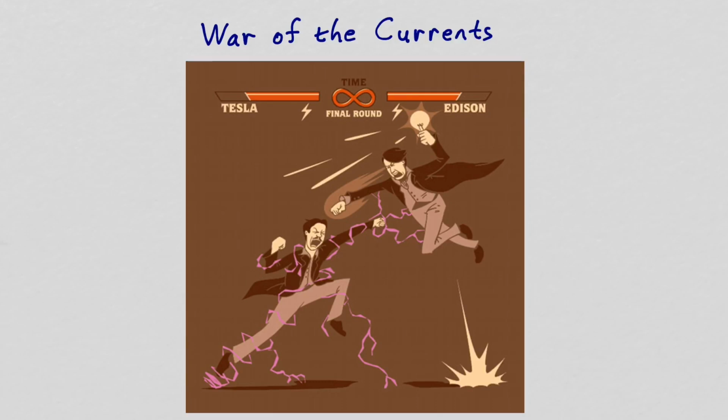So they could distribute their AC power over much greater distances than Edison could do with his DC power. Then at the point of use, they could use transformers to now step down the voltage. With this advantage, the AC system became the accepted method for power distribution.